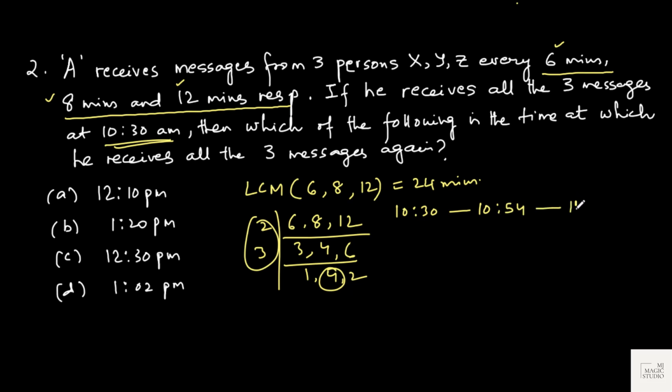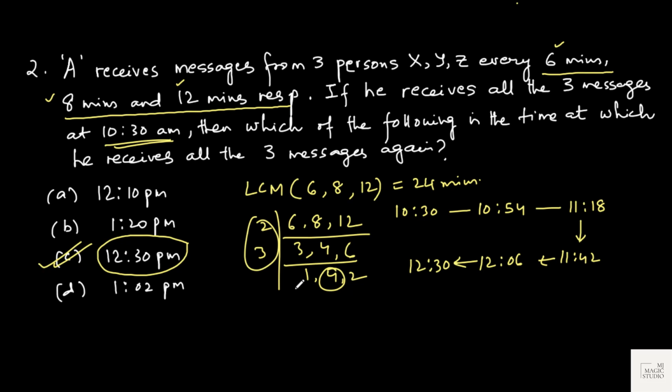Add 24 minutes to it, it would be 11:18. Next would be adding 24, 11:42. Add 24, that would be 12:06. And add 24, 12:30. And I'm stopping here because I can see 12:30 isn't one of the options.